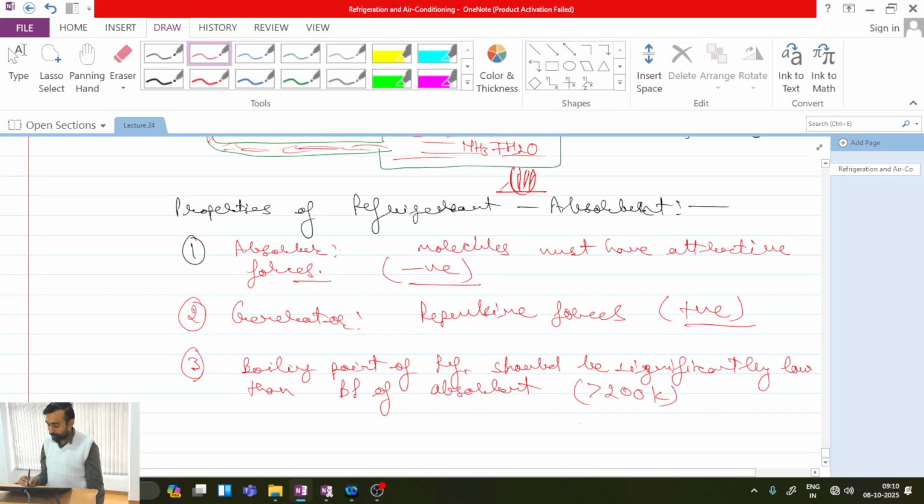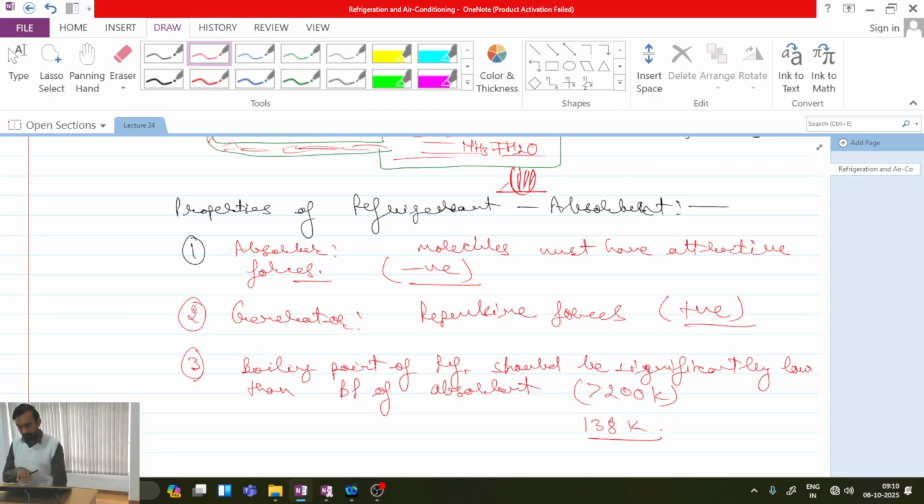For the ammonia water system, this difference is close to 138 Kelvin. Of course it's a function of operating pressure, but typically at operating pressure it is 138. It should be greater than 200 Kelvin. That's why, because we couldn't achieve complete segregation in the generator, we have to use a dephlegmator, rectifier, etc. for the ammonia water system.